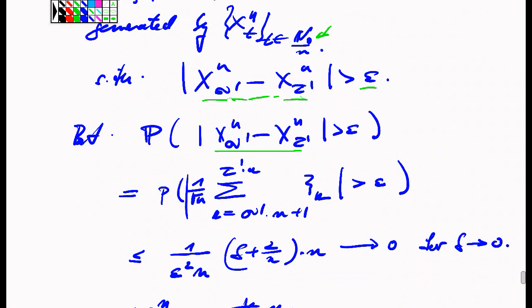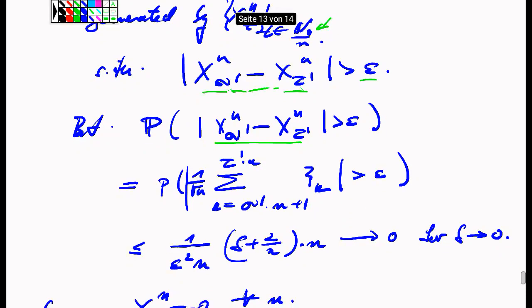By definition of the scaled process, the difference of the two evaluations of the scaled process at different time points involves the sum of these up and down random variables, but the number of summands is not given by sigma prime and tau prime alone.